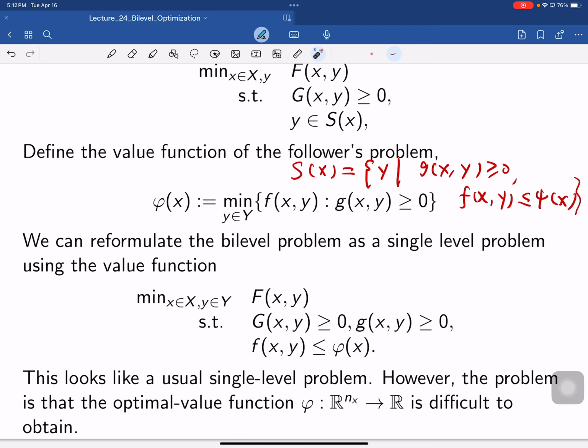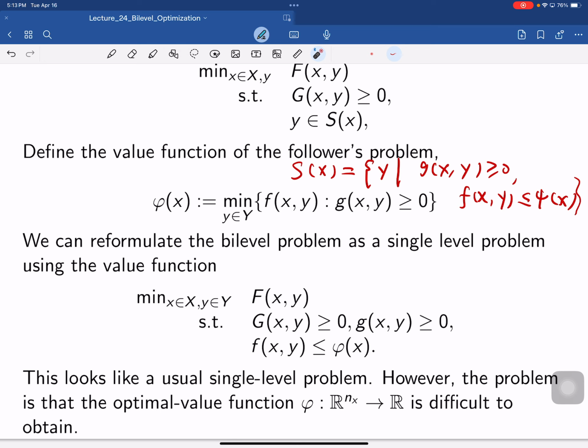If you add these two things together, that describes the rational reaction set. That's why we can just plug in these two constraints here. Then all the y's that satisfy those two constraints must belong to the optimal reaction set.